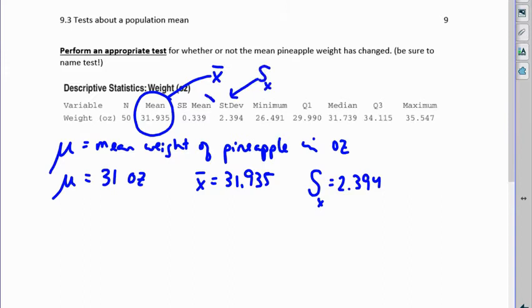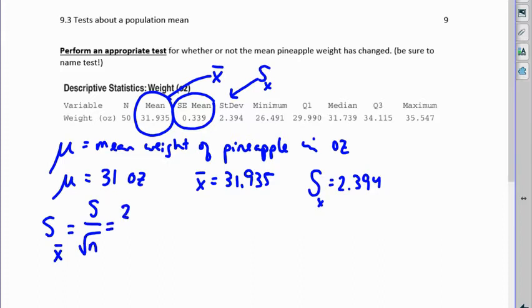But they actually already found the standard error of the mean, which is what we're going to need for our analysis, the standard error of the mean, which is, of course, that standard deviation over the square root of n.